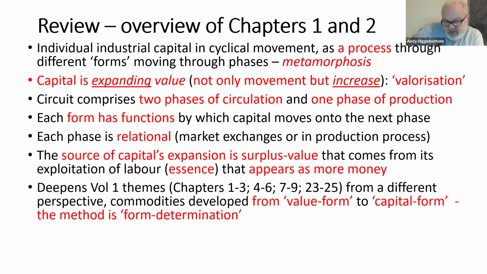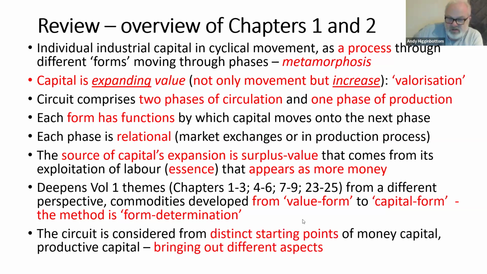So he's using the same method, form determination, but rather than starting from the commodities which are the products of labor, which is where he started in volume 1, he's starting from capital and how capital moves through these different forms. This concept of capital form is under-recognized, I would say. It's actually a very important concept in the development of Marx's exposition.